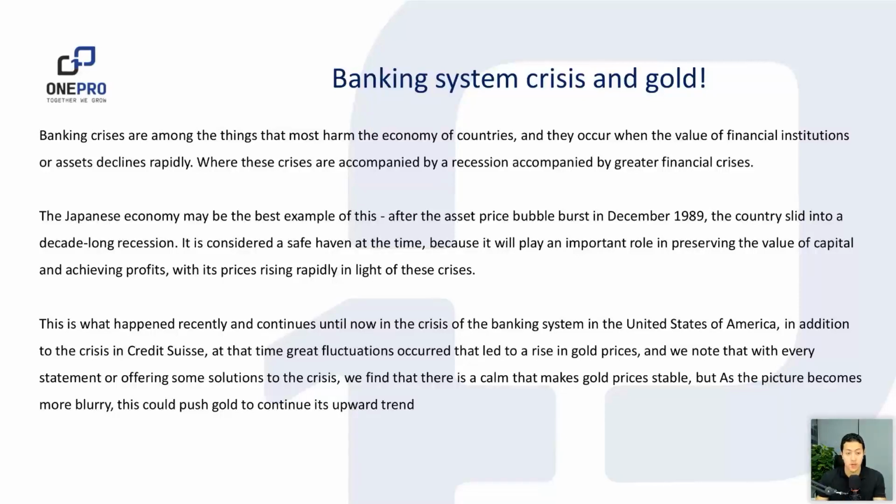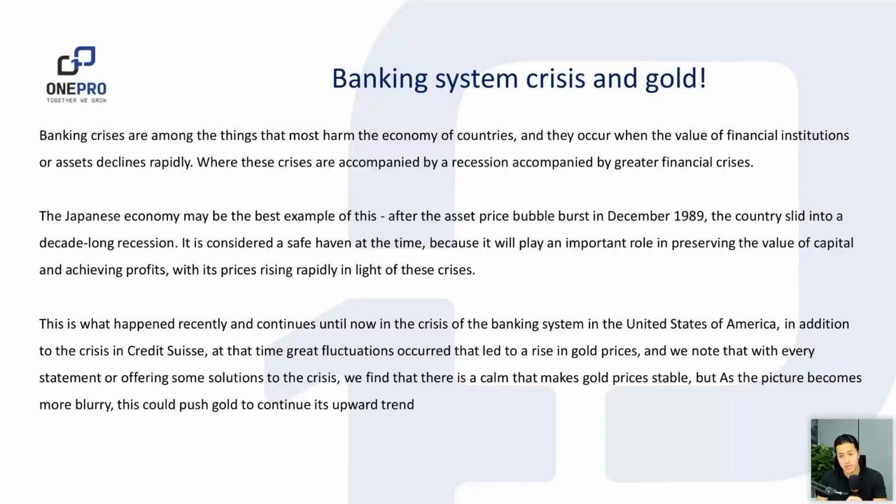Banking crises are among the things that most harm the economy of countries, and they occur when the value of financial institutions or assets declines rapidly, accompanied by recession and a greater financial crisis. So this is what happened recently and continues until now in the banking system in the United States of America.